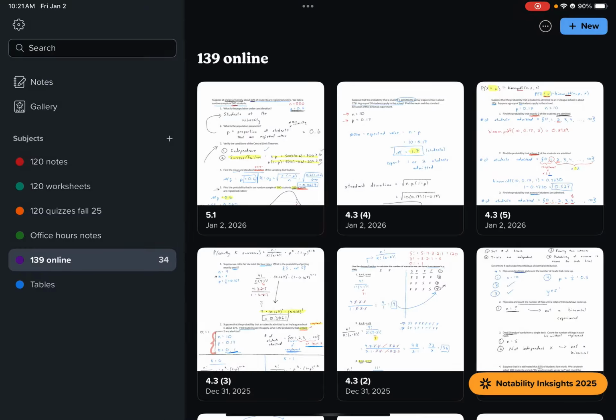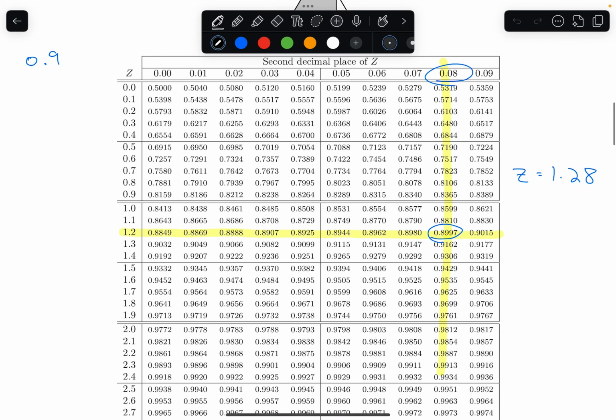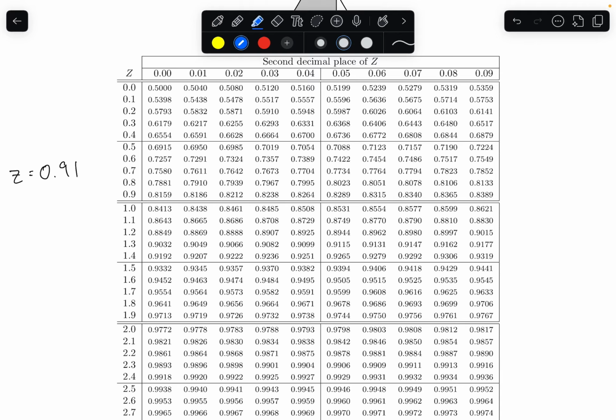We said positive 0.91. So here's the positive case. Let me erase so that we can start fresh. We said z is equal to positive 0.91. Here is positive 0.9. We're looking at this row right here, and 1 would be this column up here.